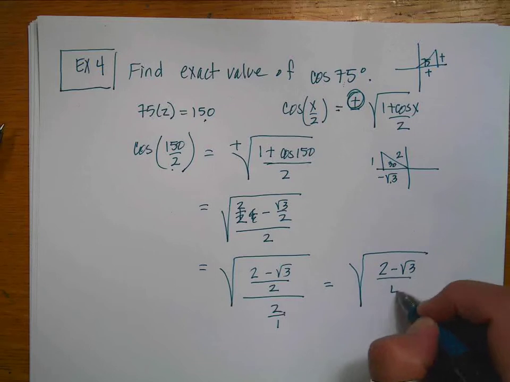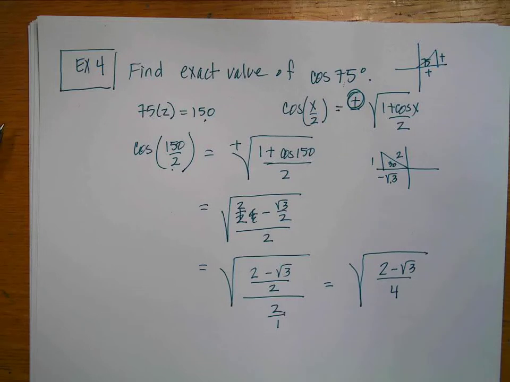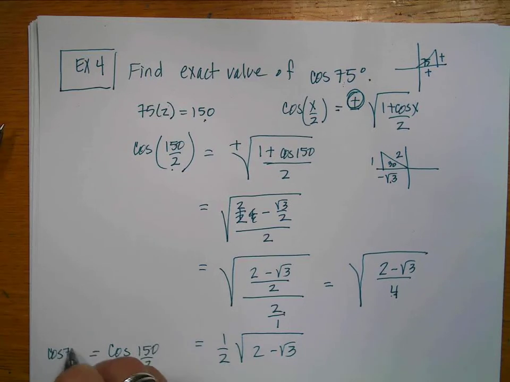So this becomes 2 minus radical 3 over 4. The square root of 4 is 2, so this becomes 1/2 times the square root of 2 minus radical 3. And then I would report my answer, and you could either do 150 over 2, or you could say that it's the cosine of 75 degrees.